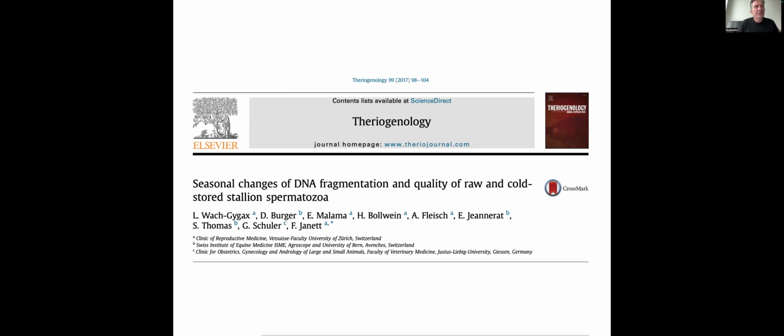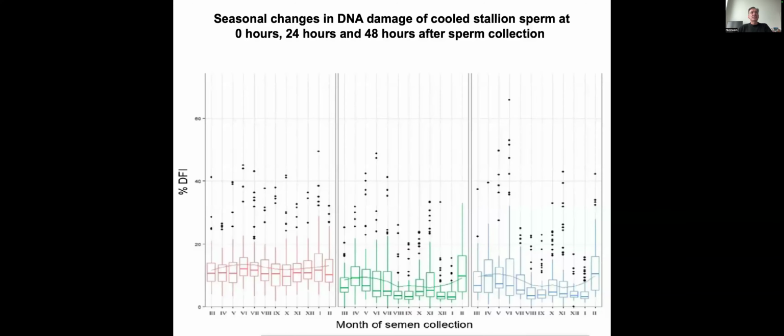Another, more detailed study we have done: we examined 15 stallions every month using this DNA fragmentation assay, and we could again show that there are seasonal changes.